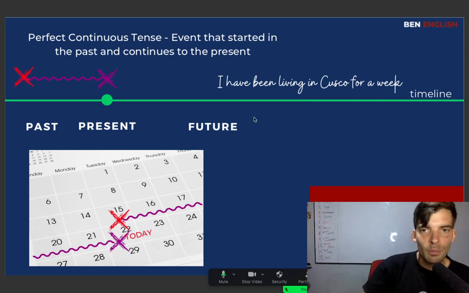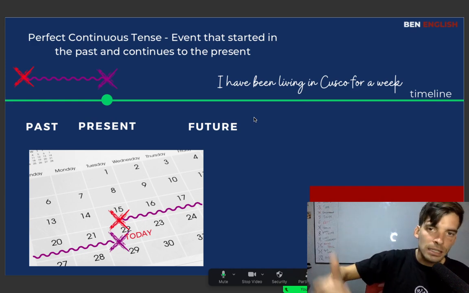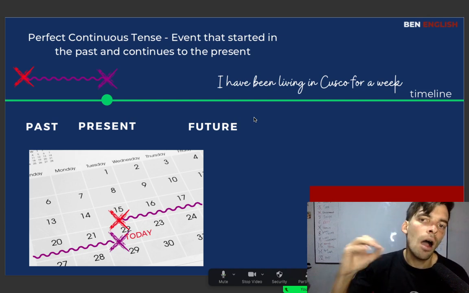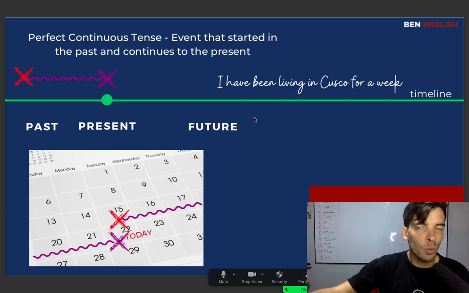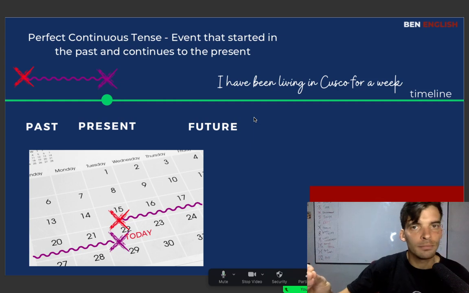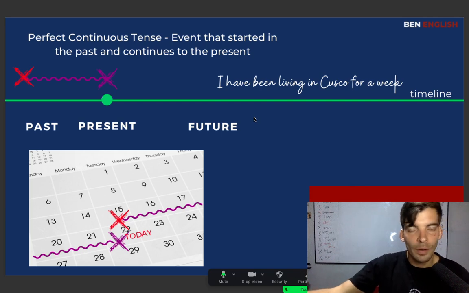If you do remember back to what we said about it being temporary, this does have a feeling of it being temporary. If you said, I have lived in Cusco for a week, then you might be implying that it's more permanent. I have lived in Cusco for 8 years and I don't have any plans to go anywhere.